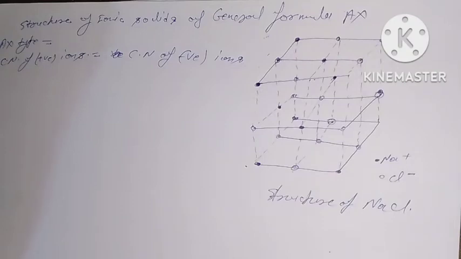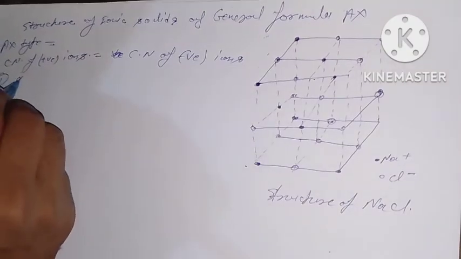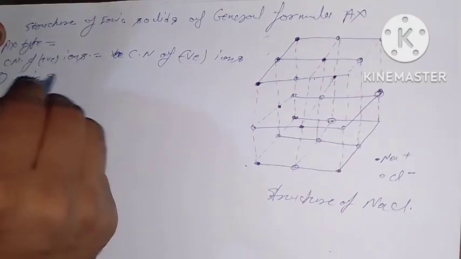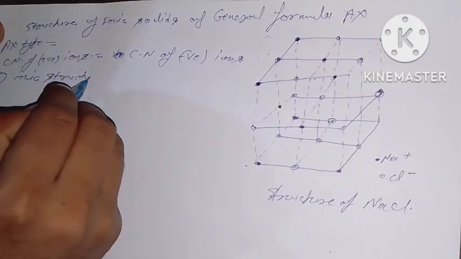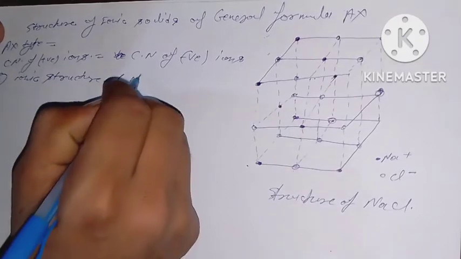First is the ionic structure of sodium chloride.